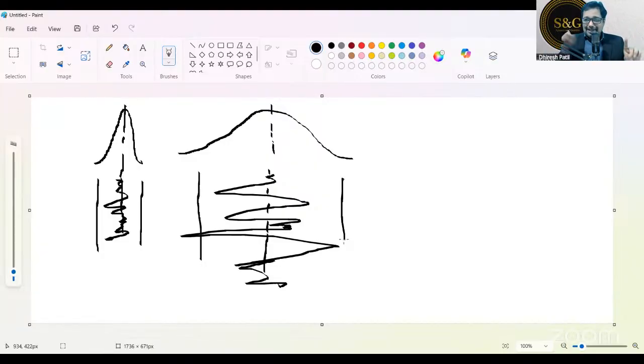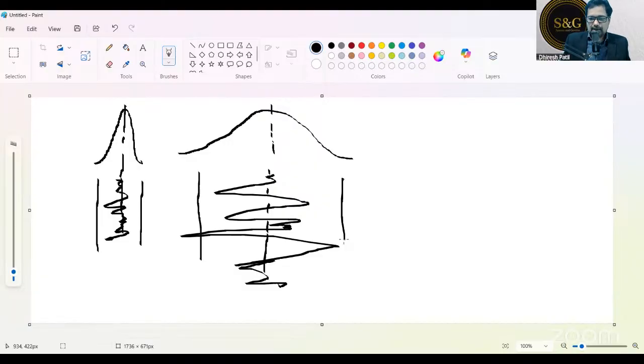When you have more variation, your histogram will be having a flatter curve. When you have less variation, your histogram will be having a thinner bell-shaped curve. The same plot as is plotted vertically. Yes? Understood? Very good.